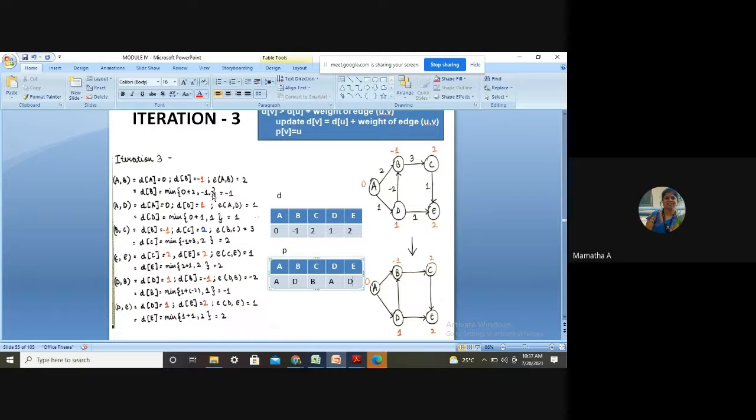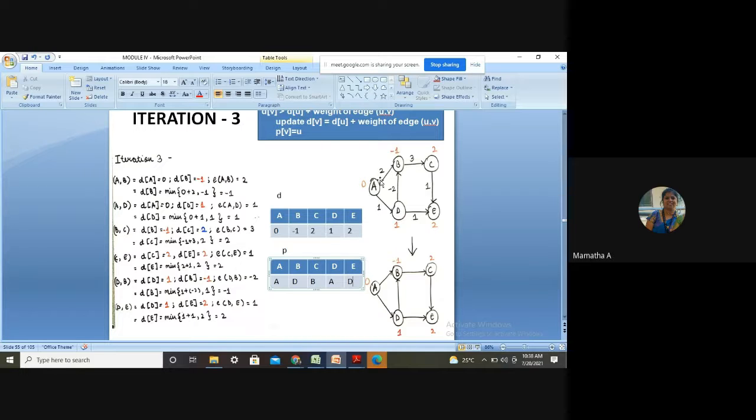So nowhere it gets updated. Just observe U and V. This is U and this is V. So you can see this is only the least, and here also this is only the least, right? So you can see this itself remains to be the least one when I take all the edges. And you can observe that the D array did not change with respect to your previous iteration.